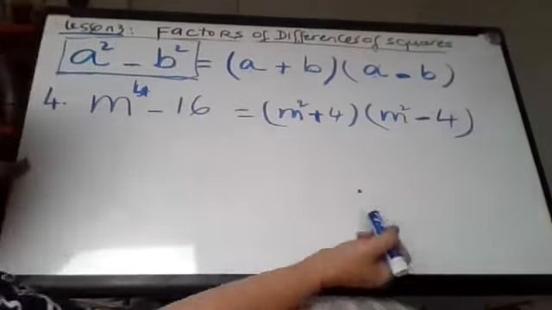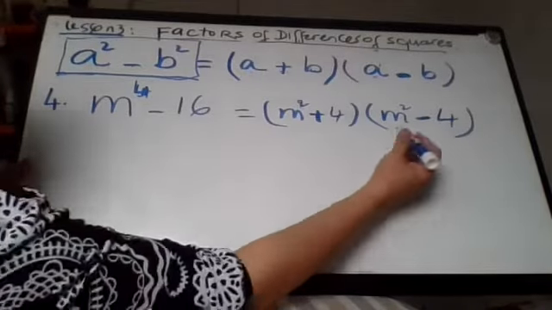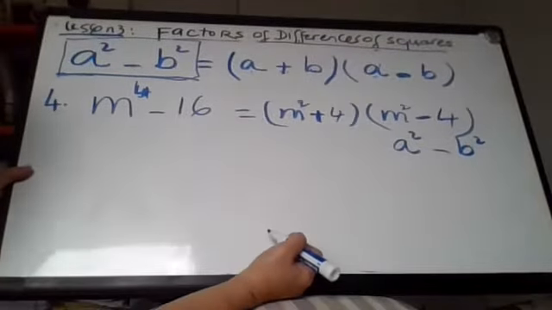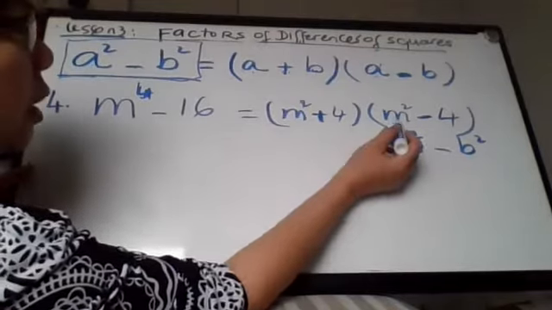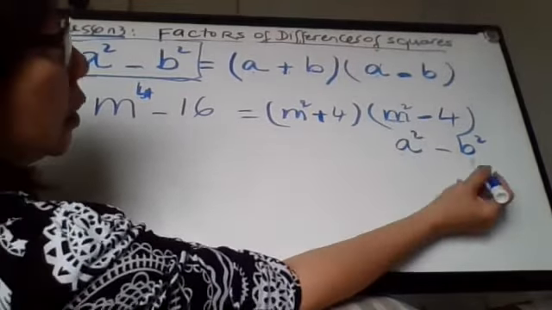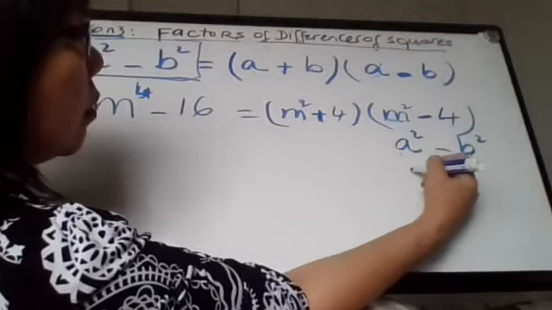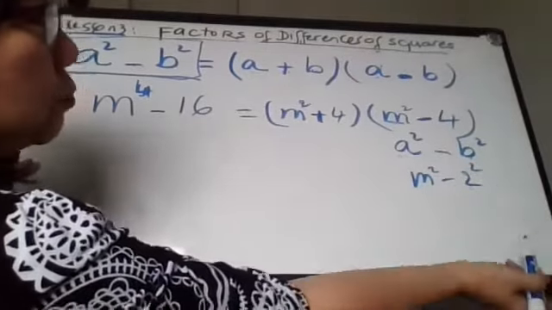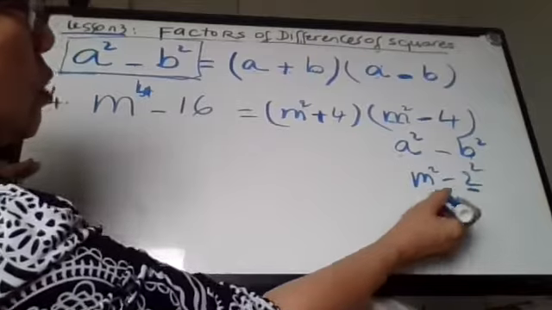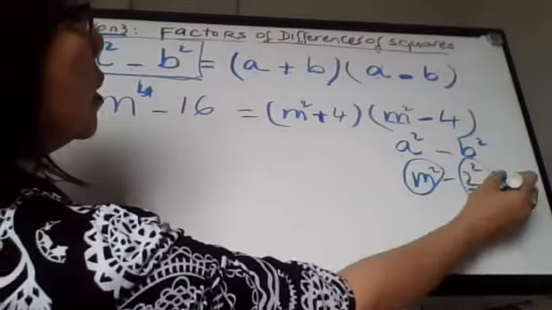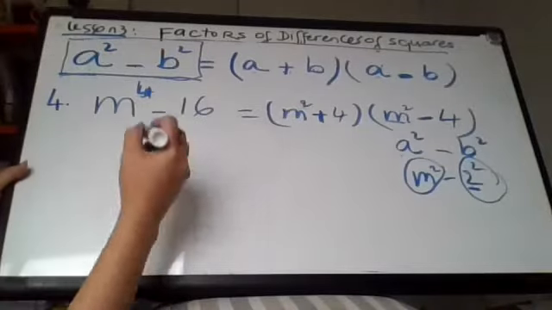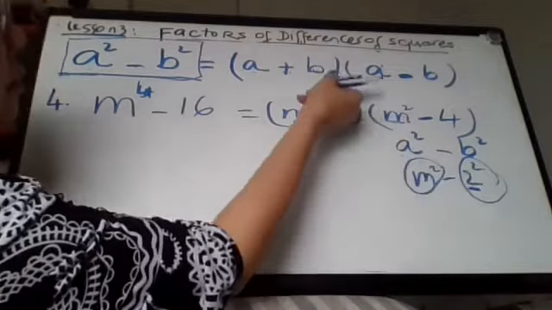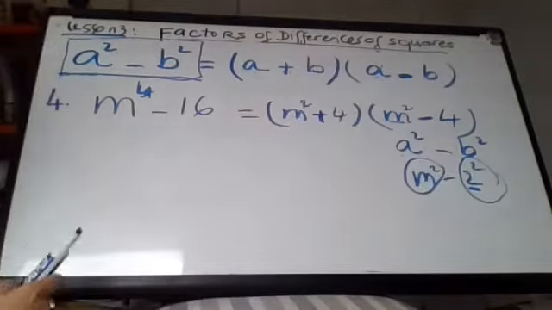But take a look at the second bracket. Can you see another a squared minus b squared pattern? Yes, right? Because m is the base of a, and the b here, if you take the square root of 4, this is like 2 squared, right? 4, you can break it, become 2 to the power 2. So your b here is 2. So you have another a squared minus b squared pattern. It means you can break this expression again into 2 brackets, right?